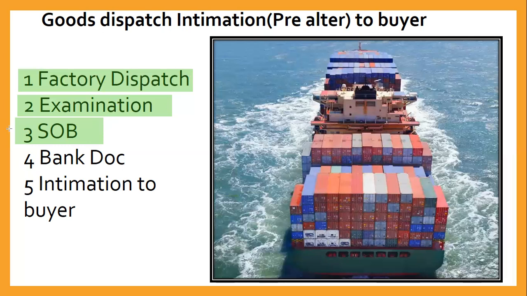Then we need to prepare the set of documents for the bank. You know that international payment is routed through the bank, so the document formalities need to be completed as per the contract.